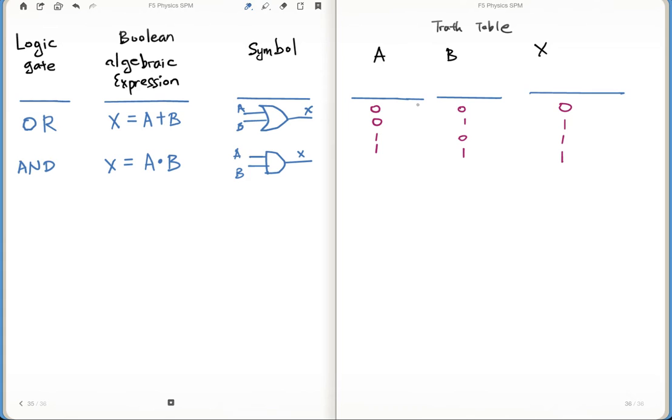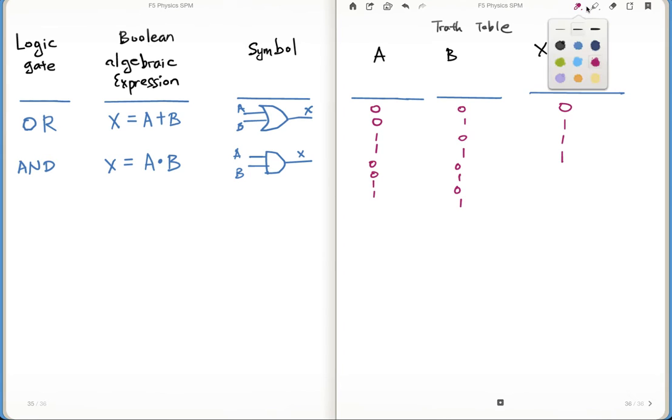So if you were to put it into a truth table, that would be 0, 0, 1, 1, 0, 1, 0, 1. I need to actually separate this so that you can see it.